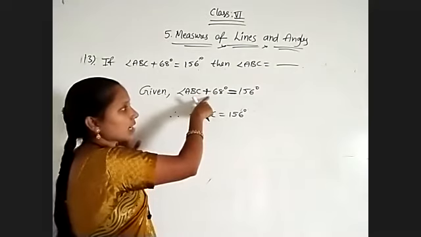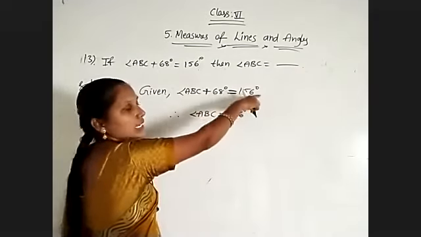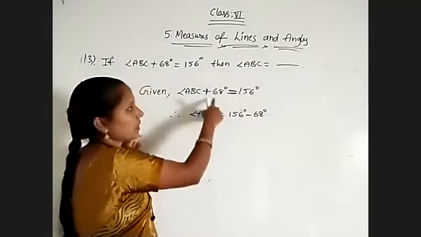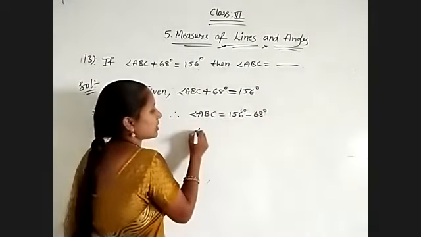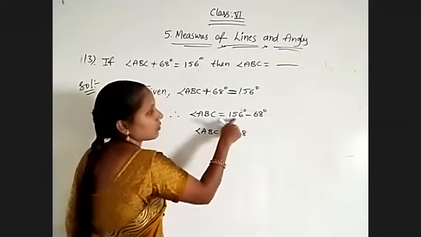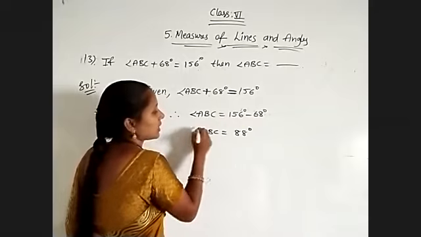Now we are transposing plus 68 to the other side of the equation. That will become minus 68. Plus will become minus. That's it. Angle ABC will be equal to 156 minus 68, which is 88 degrees.